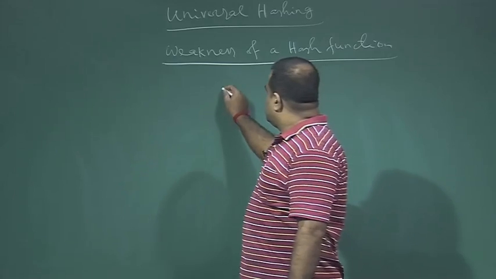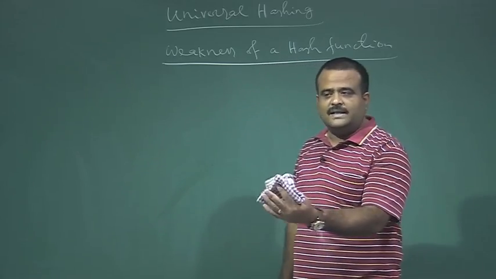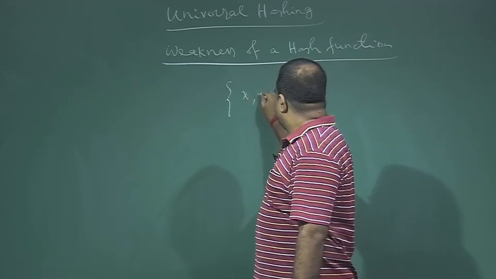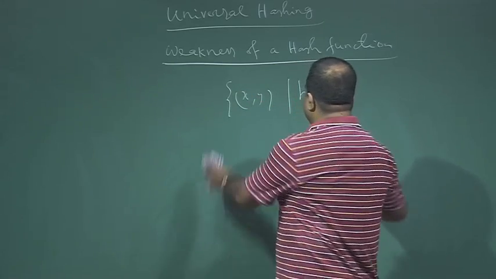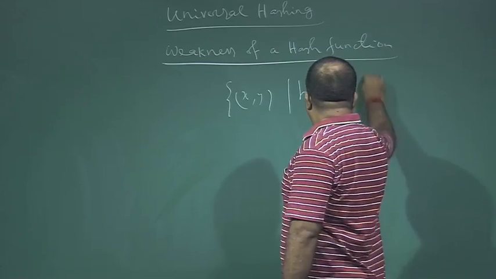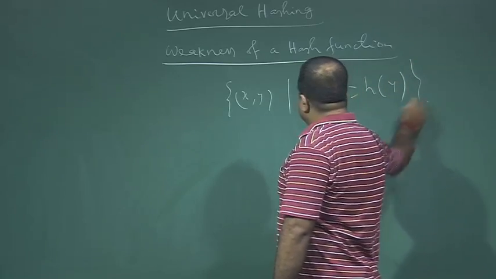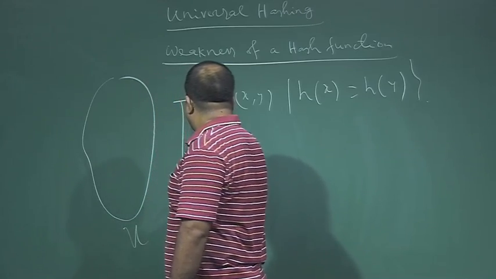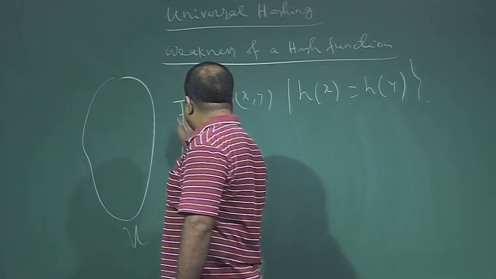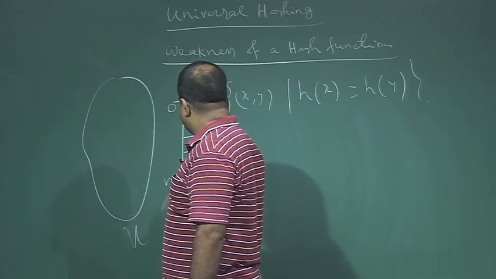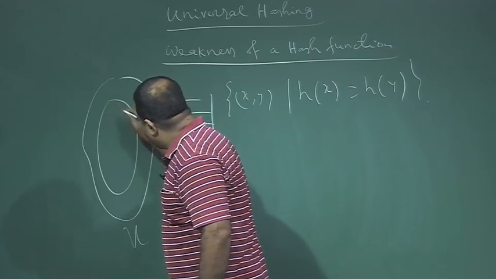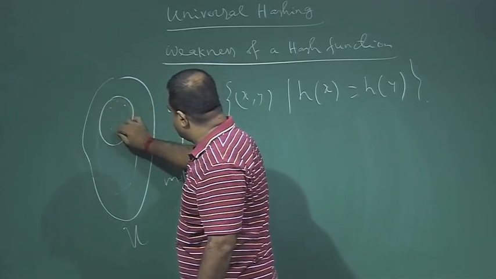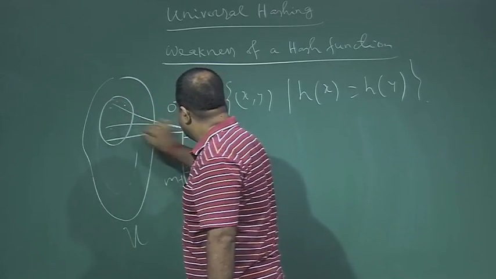There has to be certain input where it will perform badly. Your friend can always get such an input, a key or x y pair, because the codomain size is very small and the domain size is larger. Your friend can always find the bad portion of the keys where everything is mapping to a particular slot.